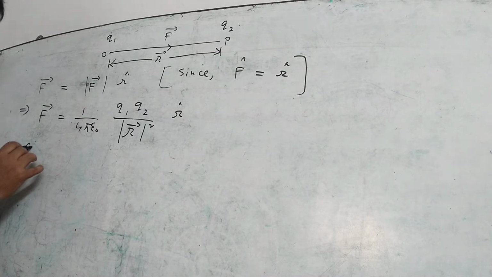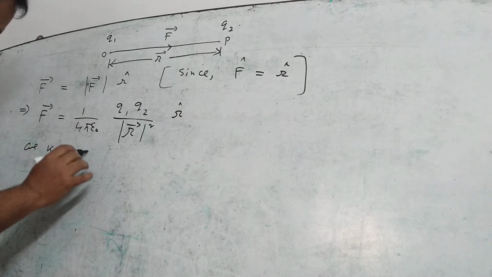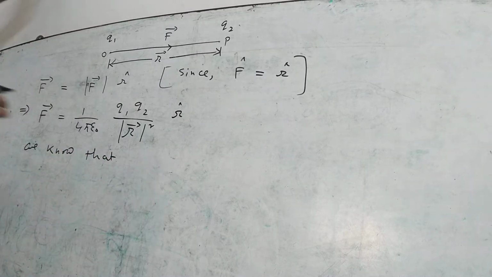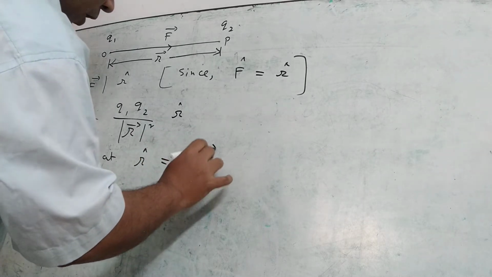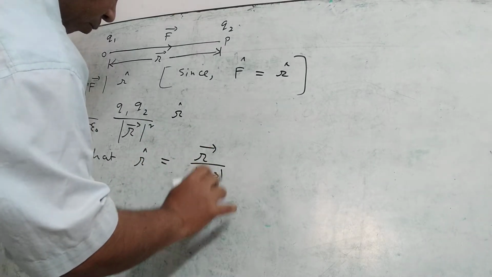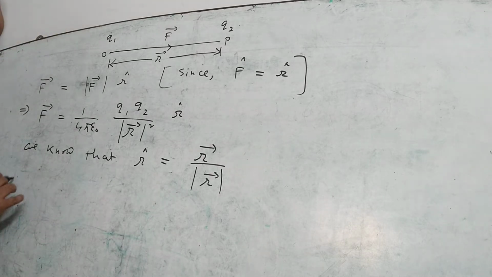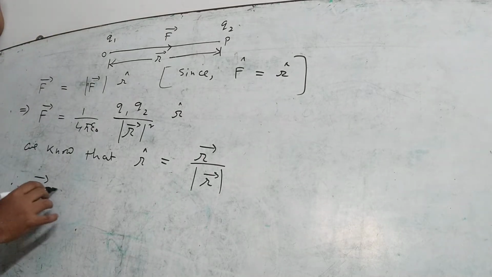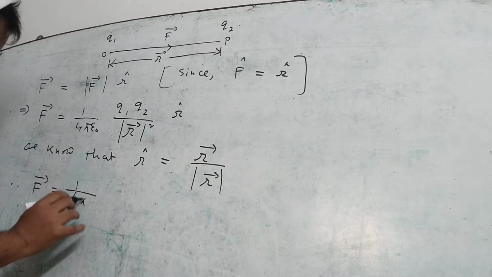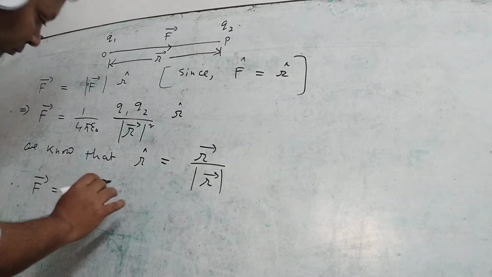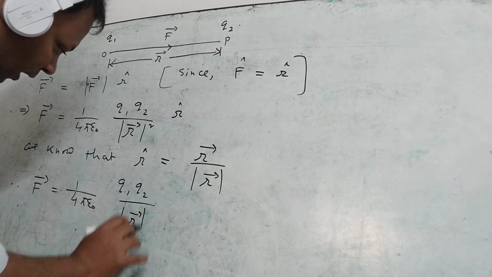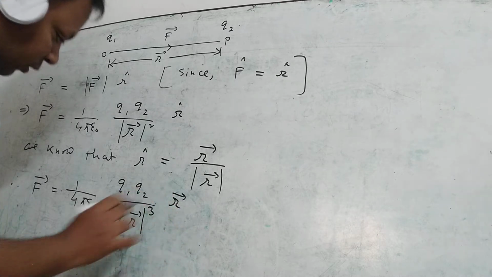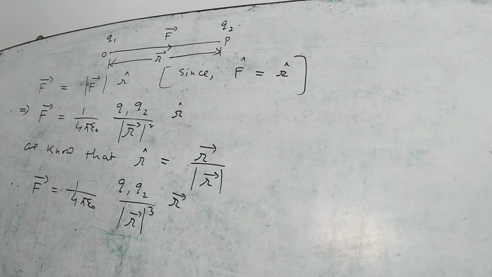Again, we know that R cap is equal to R vector by mod of R vector. Therefore, F vector is equal to 1 by 4 pi epsilon 0 Q1 Q2 by mod R cube into R vector. This is the vector form of Coulomb's law.